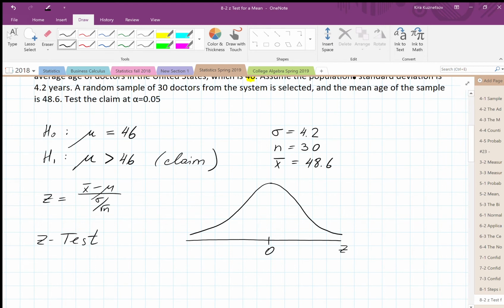You need to state the name of a test and the necessary statistics in order to run the test. So this is what I just did right over here. That's my necessary statistics, and this is the name of a test.